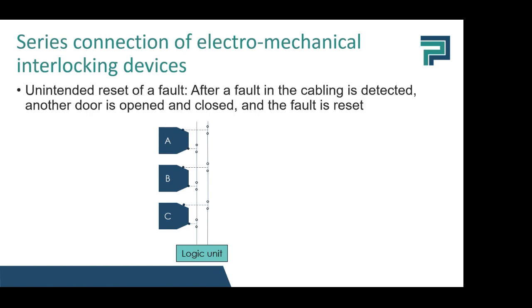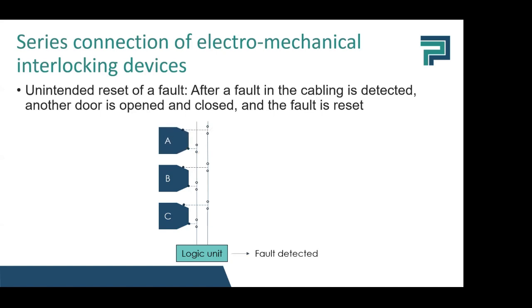The second one is unintended reset of a fault. This happens after a fault in the cabling is detected, another door is opened and closed, and therefore the fault can be reset. In this example, we open guard A, and again the same contact is welded or doesn't work, and the logic unit sees a fault.